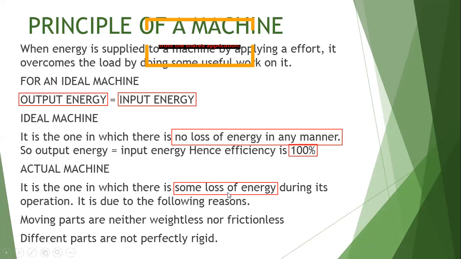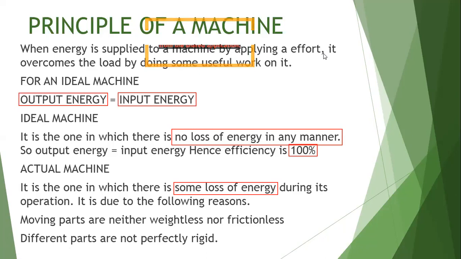there is some loss of energy, and that's the reason why you will find that your actual machine is not 100% efficient. The efficiency of your actual machine will always be less. Why? Because of the energy we have given to the machine, some of it will be utilized to overcome the weight, to overcome the friction, and due to the non-rigid parts of the machine.